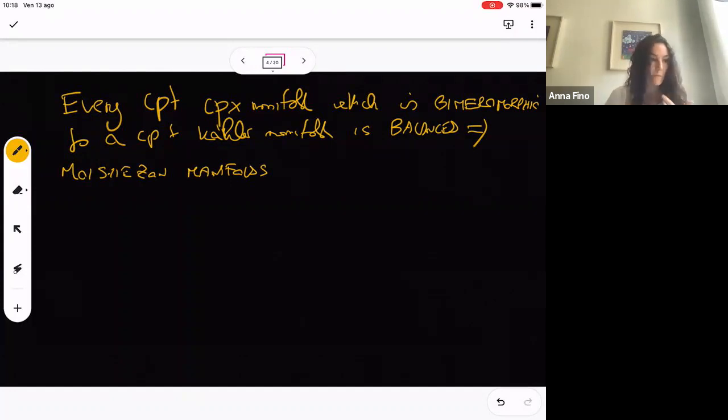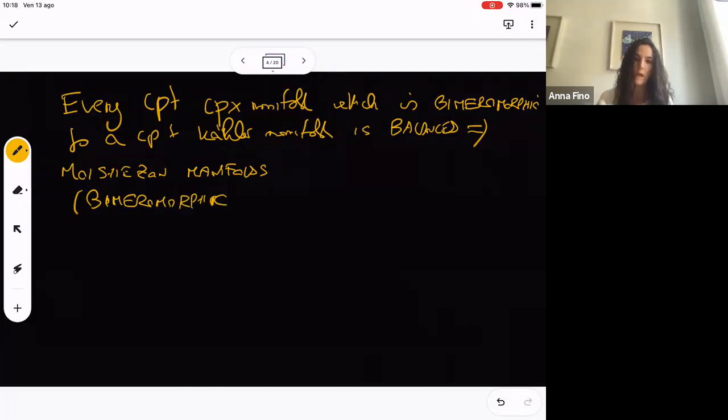And in terms of bimeromorphism, these are defined in a way that the algebraic dimension is equal to the complex dimension, but one can see Moishezon manifolds are also bimeromorphic to projective manifolds, okay?